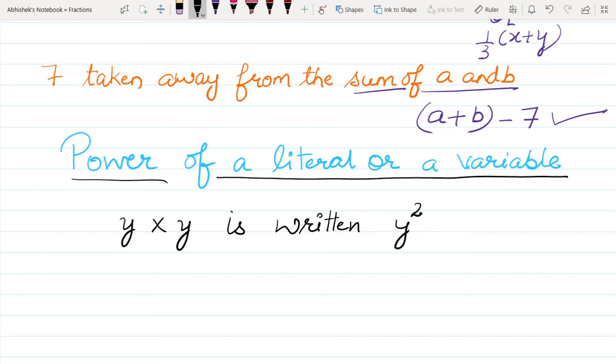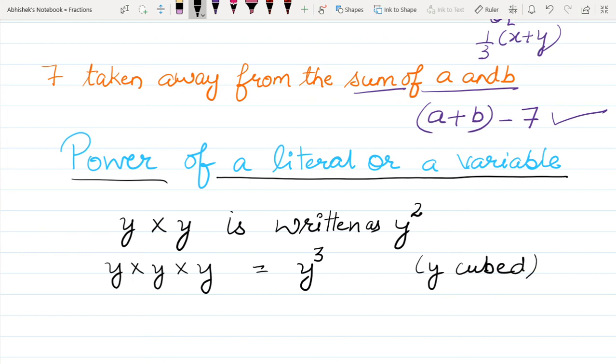y raised to power 2 or y squared. If it is y multiplied by y multiplied by y, then it is equal to y raised to power 3 or y cubed. We will read it as y raised to the power 3 or y cubed.